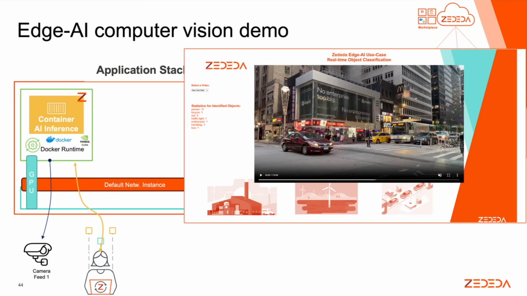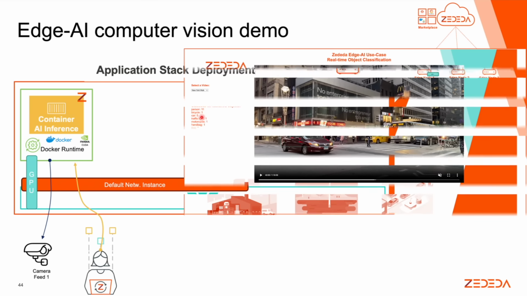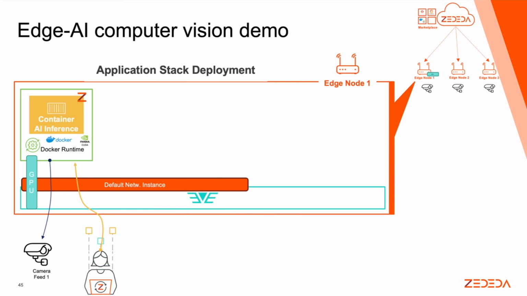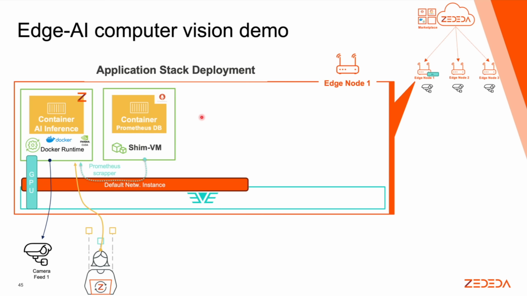We can see in the video stream, in this case from New York City, the objects: cars, persons, buses, and you can have some statistics. These statistics are live on the web page, but we want to keep them historically over time. That's why the client logic of the container also exposes a Prometheus scraper.